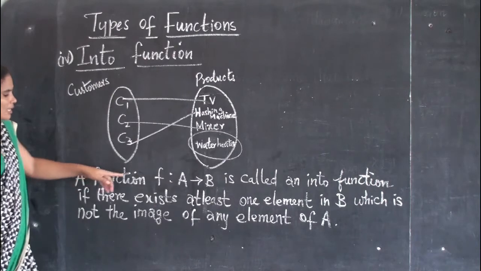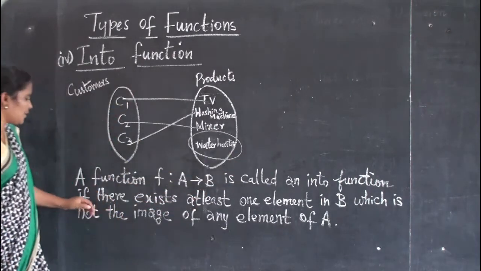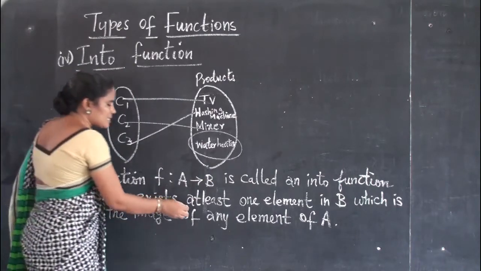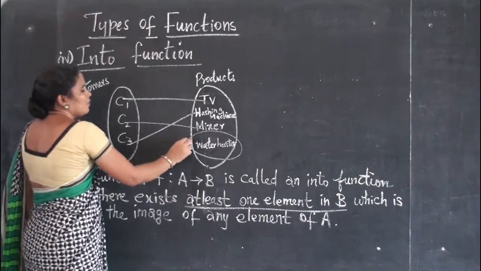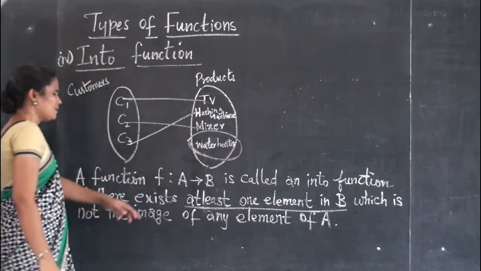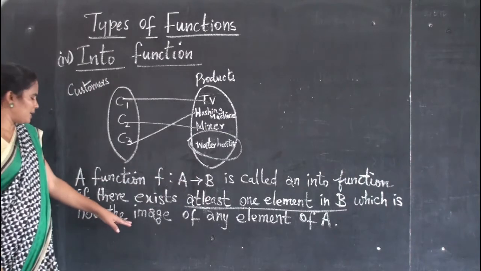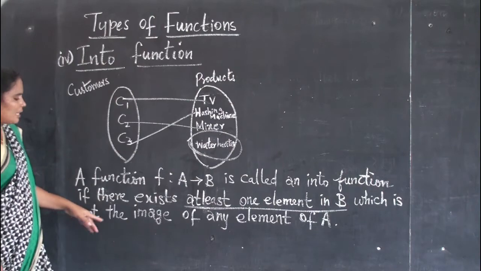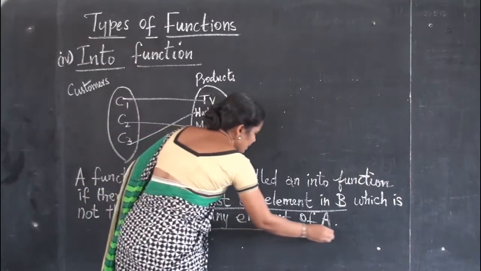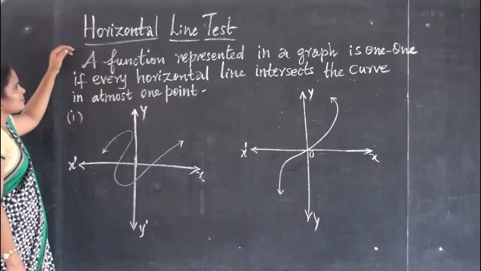A function f from A to B is called an into function if there exists at least one element in B, here the water heater, which is not the image of any element of A. Therefore, it is called an into function.